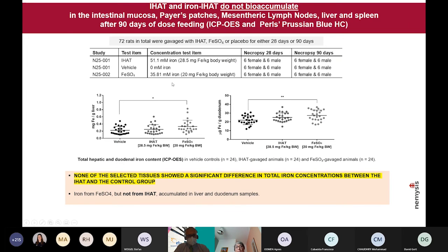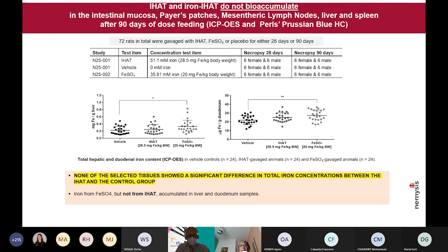One of the most relevant demonstrations we had to provide is that there is no IHAT, nor iron from IHAT, bioaccumulation in tissue. This was done within the 90-day subchronic toxicity assessment for IHAT by means of a satellite study where iron content, assessed either by ICP as well as by specific histochemistry, was compared at 28 and 90 days.